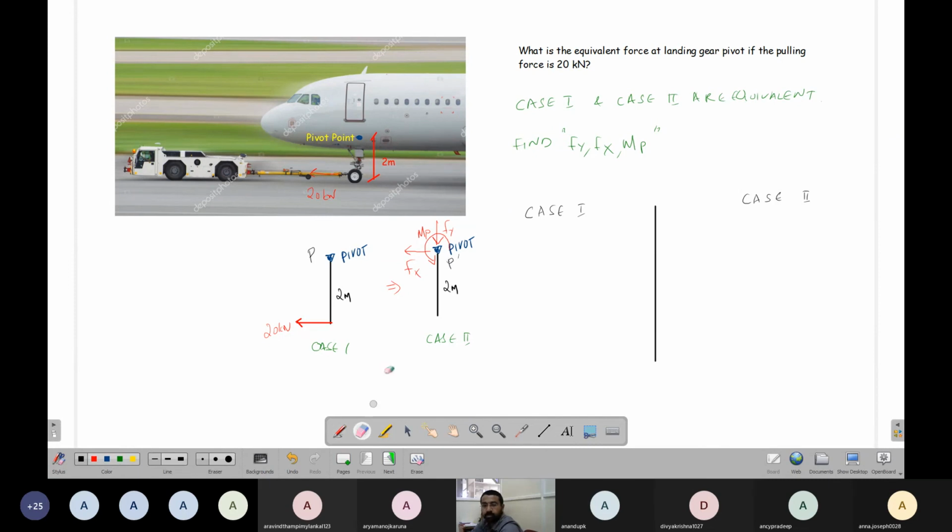Okay. So find me the values. What you will do is find the summation of forces in x direction, summation of forces in y direction, and moment about P. You also have to find the same thing for this system: x direction, y direction, moment about P. Okay, you can assume a sign convention.